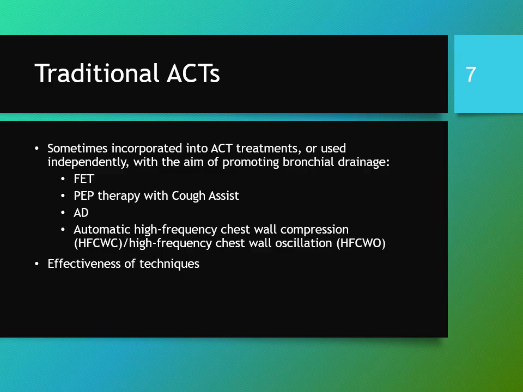There have been many, many long-term studies that have shown that the vest works exceptionally well for patients with bronchiectasis and with CF, cystic fibrosis. And works much better than manual percussion.